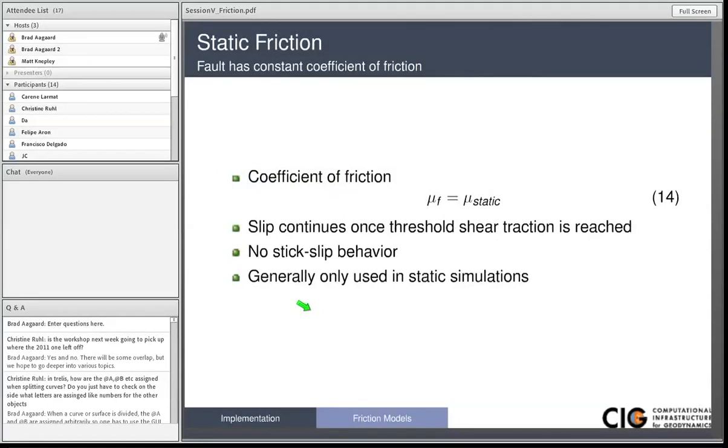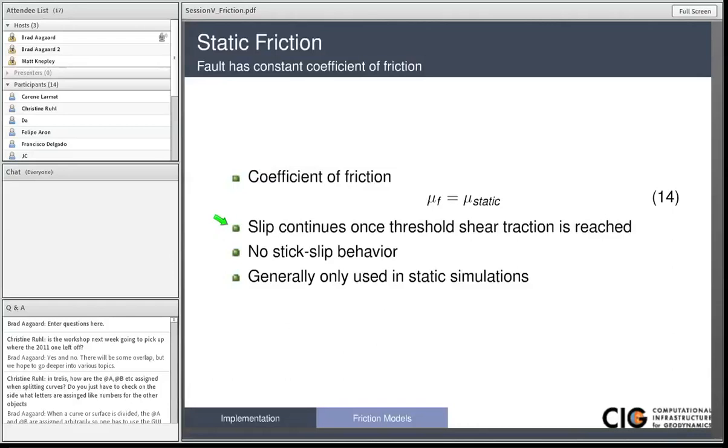Our static friction model, here's our equation 14, coefficient of friction equals the static coefficient of friction. Some things to note about this particular fault constitutive model in quasi-static problems is that slip continues once the threshold for the shear traction is reached. You will never get stick slip behavior because there's no way to lock the fault up again.